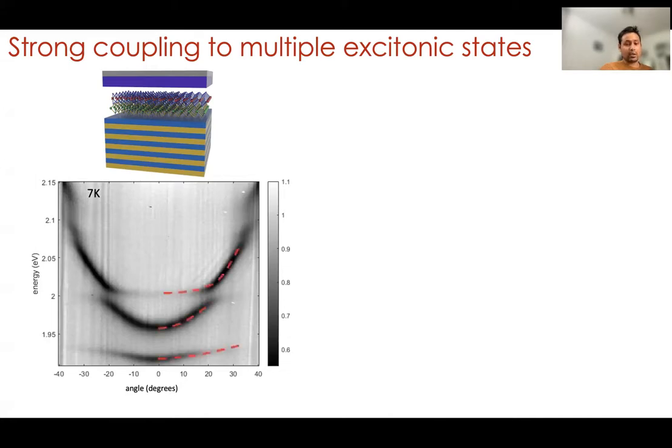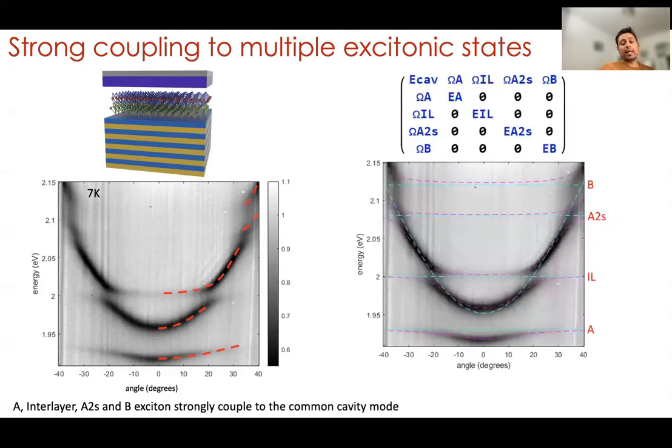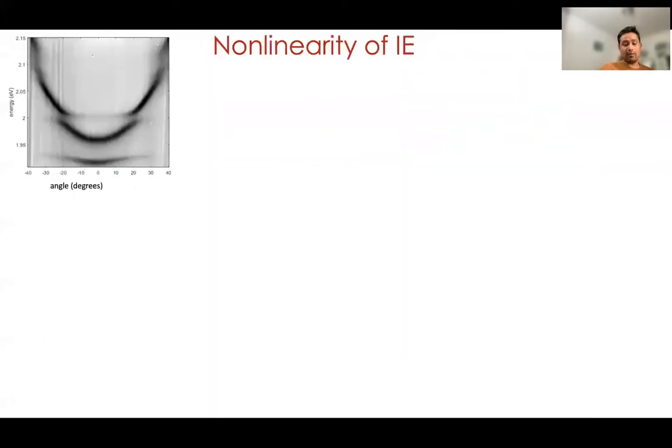We see in total 5 polariton branches. They come from 4 different excitons in the system, and we can model this system via a coupled oscillator model, which describes our system very well.